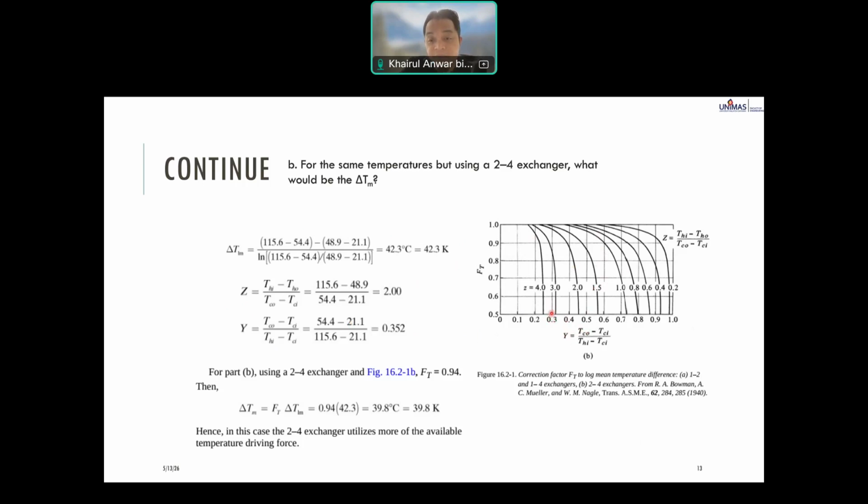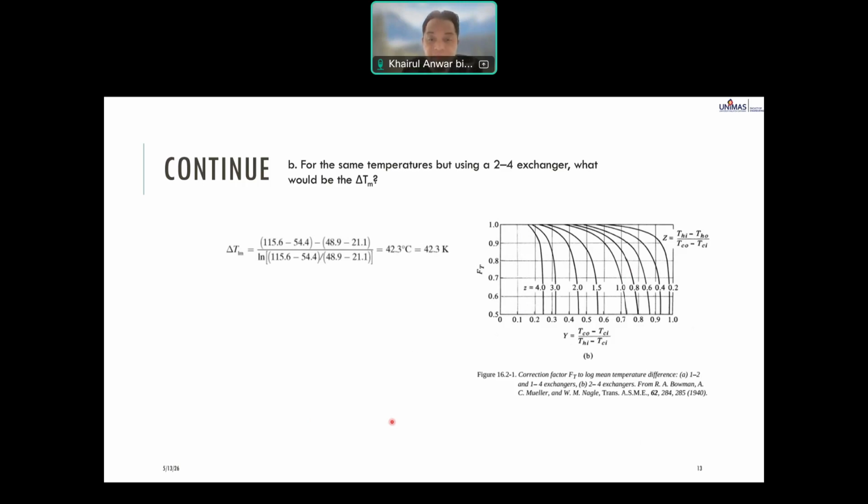Z equal to 0.352 and Y equal to 0.345. Here Z equal to 2, so you get 0.94. So delta TM for this case is 39.8. Hence in this case, the 2-4 exchanger gives us more of the available temperature driving force. Better.